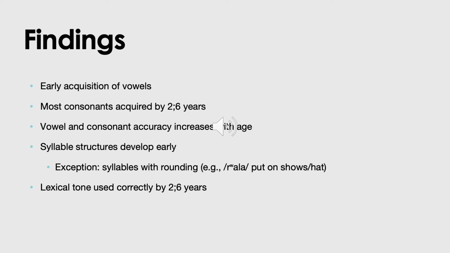Syllable structures were also noted to develop early, with only syllables that have rounding proving challenging for the 2- and 3-year-old children.